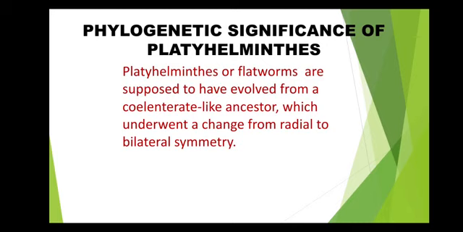Platyhelminthes or flatworms are supposed to have evolved from a coelenterate-like ancestor which underwent a change from radial to bilateral symmetry. The coelenterate ancestor was like a planula larva, as primitive flatworms shared many features with planula such as: point number 1, absence of epidermal basement membrane; point number 2, absence of excretory organs; point number 3, absence of gonads.